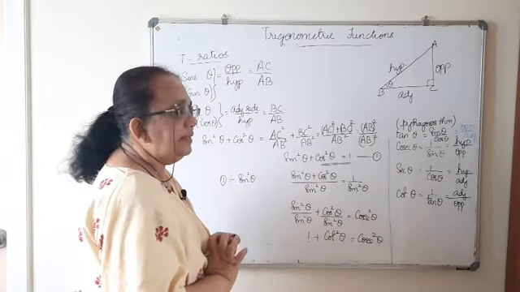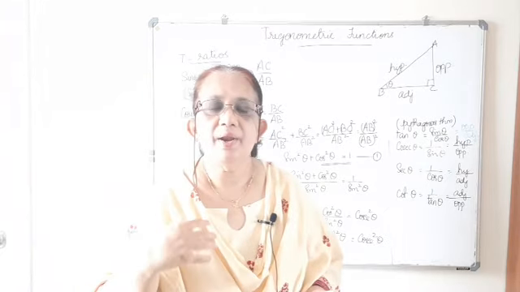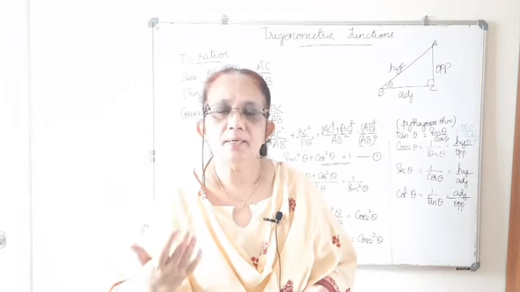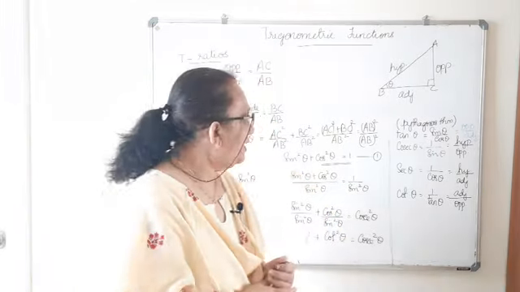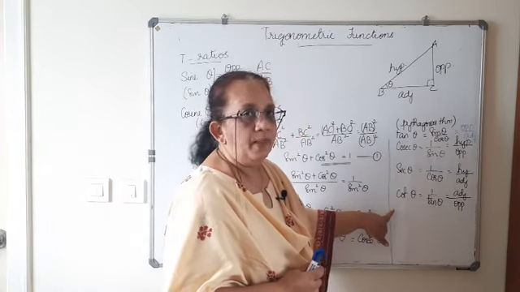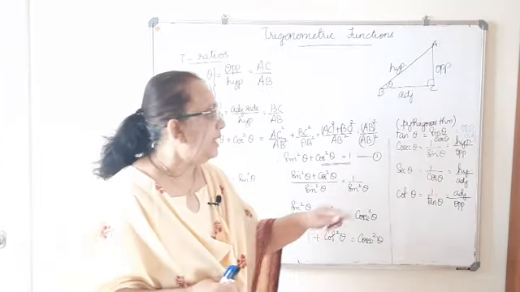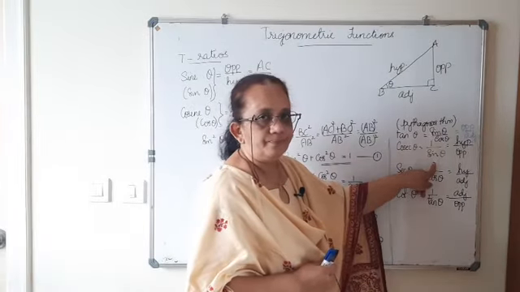So these are the three trigonometric ratios, and from these three trigonometric ratios we define the reciprocals of the trigonometric ratios and we get cosecant theta, sec theta and cot theta. Now, what is cosecant theta? Cosecant theta is defined as 1 by sin theta.